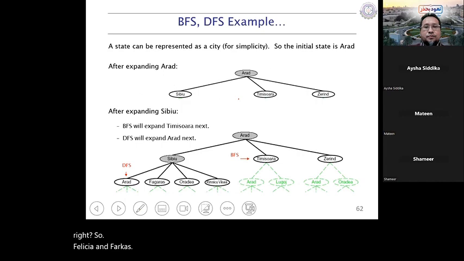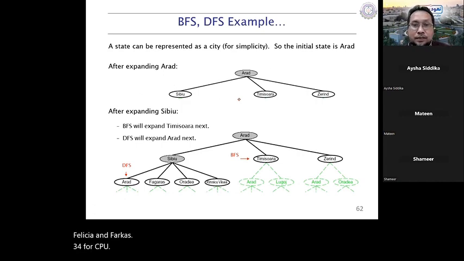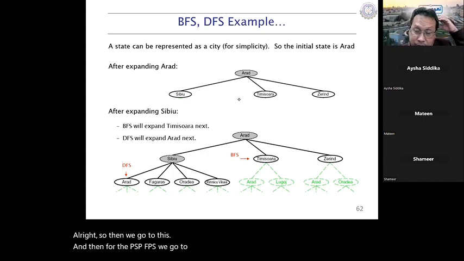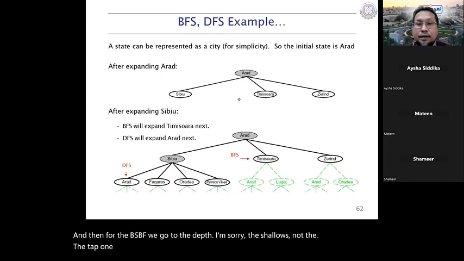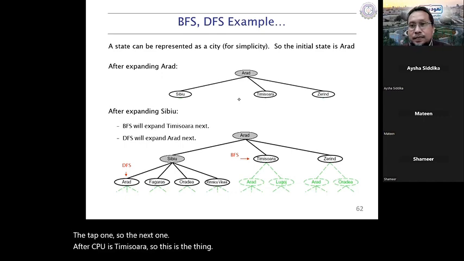That is for Sibiu. Then for BFS, we go to the shallowest, not the deepest one. So the next one after Sibiu is Timisoara. So that is the thing. We can see the difference between BFS and DFS.